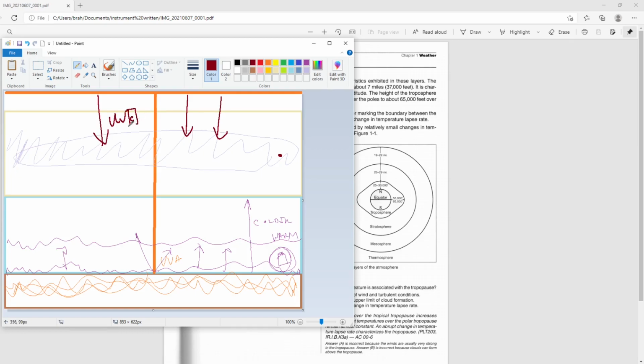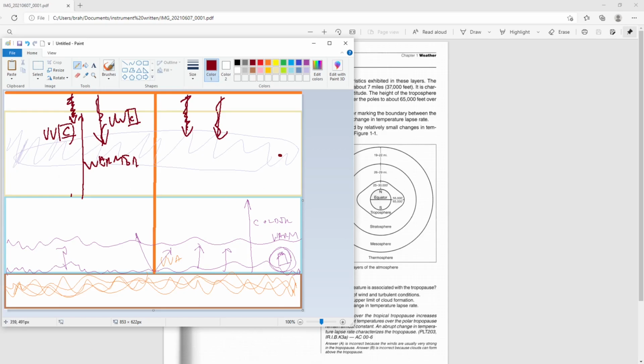And what's happening is the closer you get to the sun, the shorter those UVC rays are. So as you move up, this is going to be more intense than this, right? Okay. So as you move up, it actually gets warmer. So the opposite effect of the troposphere.